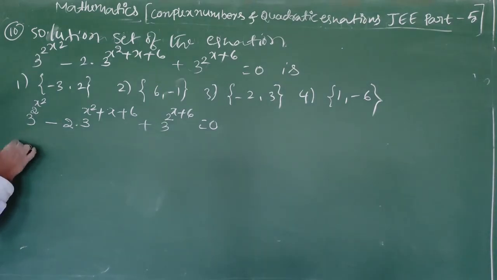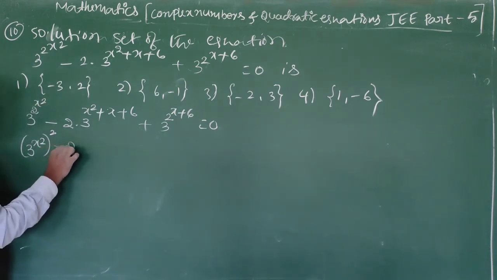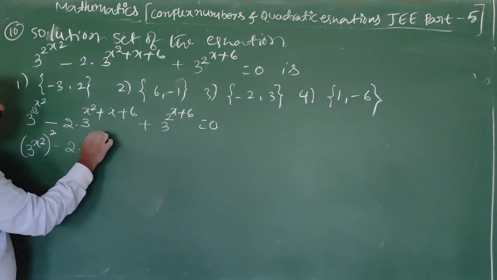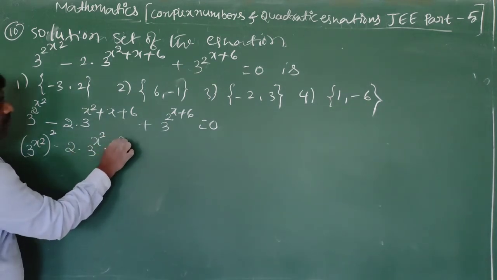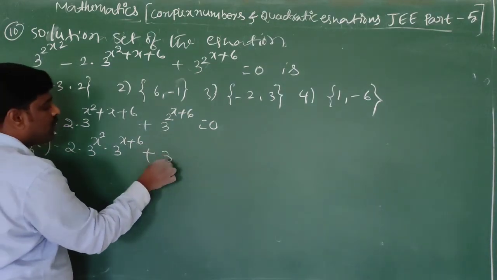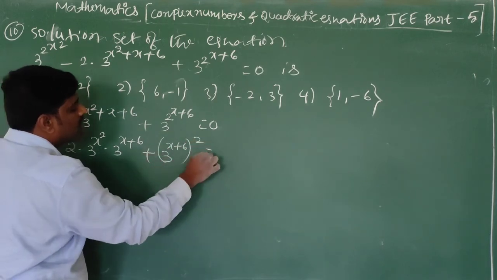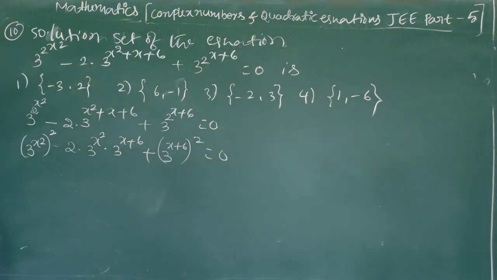Now the first term becomes 3 to the power of x square, whole square, because a to the power of m to the power of n is a to the power of mn. Minus 2 into 3 to the power of x square into 3 to the power of x plus 6, plus 3 to the power of x plus 6 whole square is equal to 0.